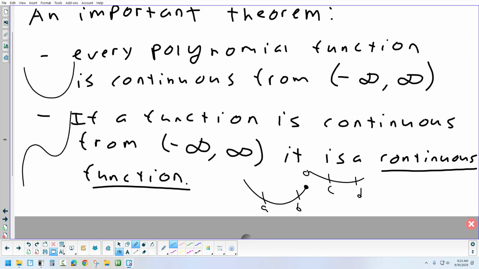That's not true here. I can't go from A to D without lifting my pencil. Or B to C, or A to C, any of those. So, any question on the difference between a continuous function versus just maybe a section that's continuous? Okay.